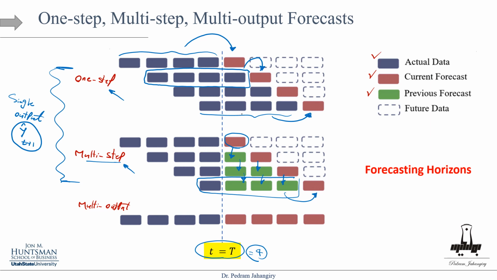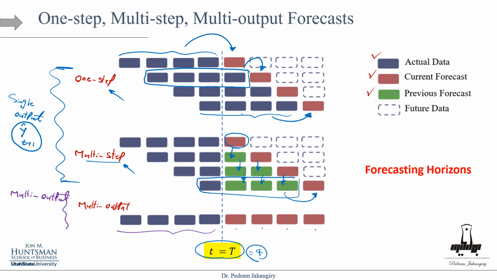And then we said that there's another type of forecasting where you can do multi-output at the same time. We can call it multi-horizon or multi-output. The idea is that you're at day 4 and you predict what happens on days 5, 6, 7, and 8 right now at the same time.